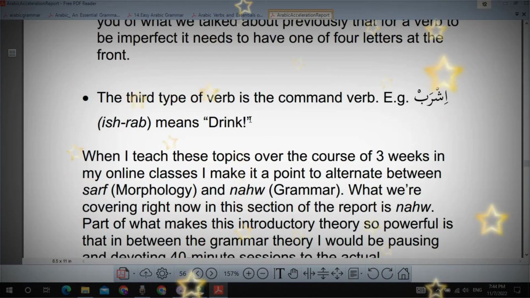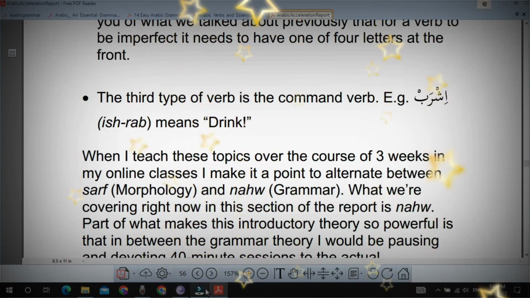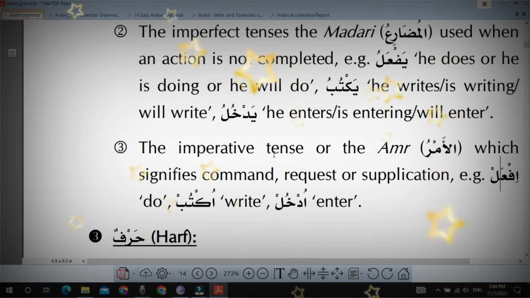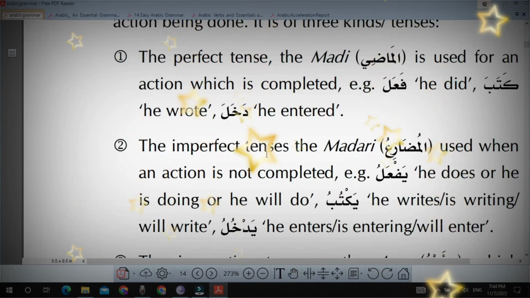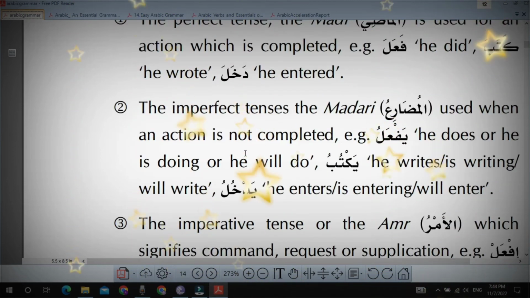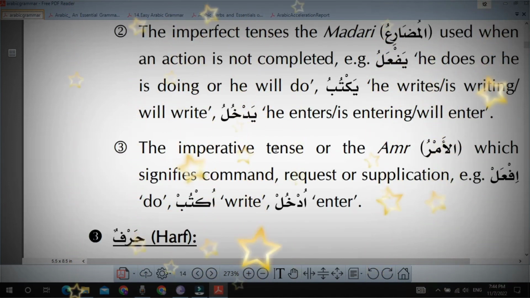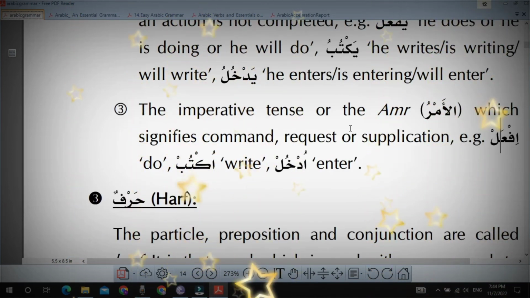Ishrab means drink. So that's today's lesson, and we will tell you more things about the types of verbs and about the types of ism, noun, in our coming lectures.